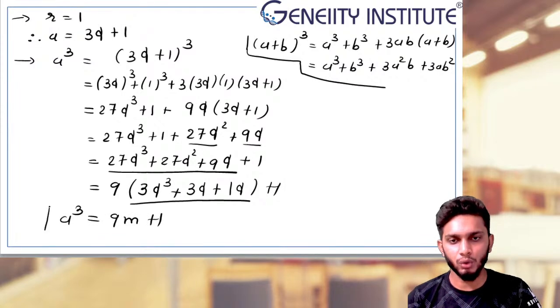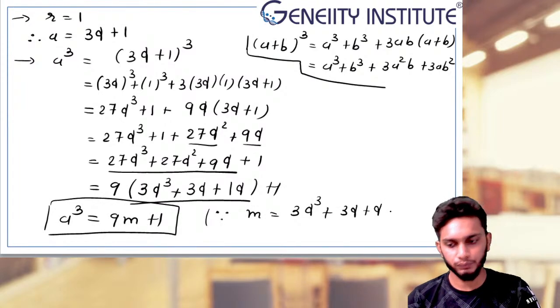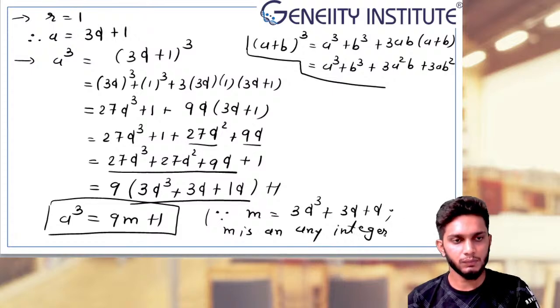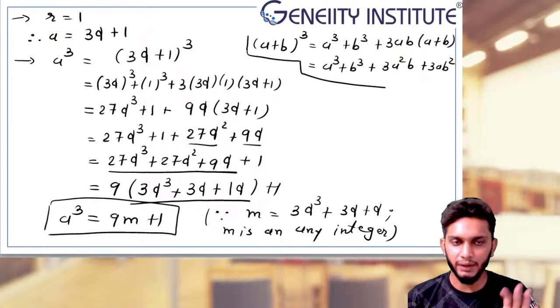So we get the cube of this a as 9m plus 1, where m equals 3q cube plus 3q square plus q. m is any integer, and 3q cube plus 3q square plus q is written as m. Okay, students.